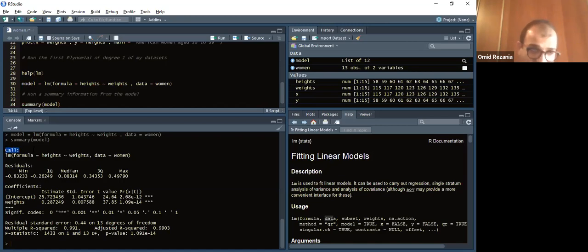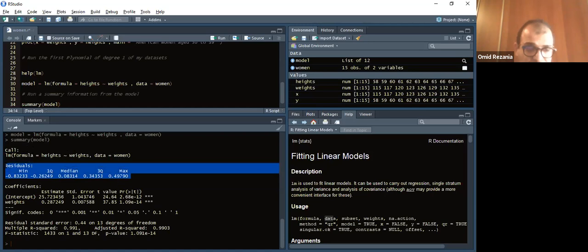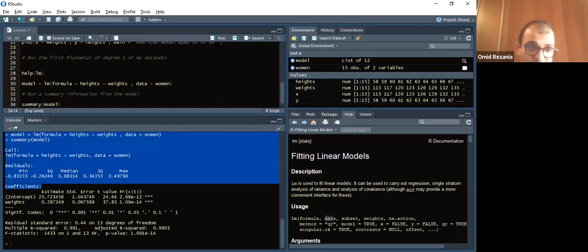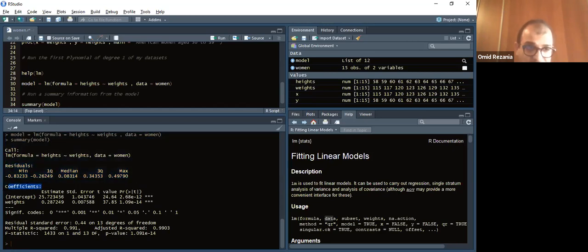It says that the model which you have created, it reminds you of it. It says, remember, the model is in the women data set, where you decided to have a function which represents height as a function of these women's weights. We do not talk about the residuals at this stage, but we jump into the coefficients of your model.